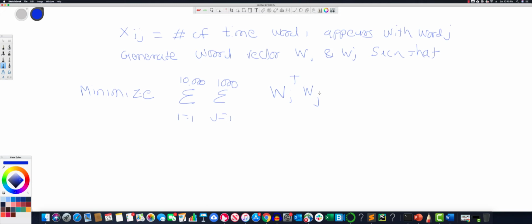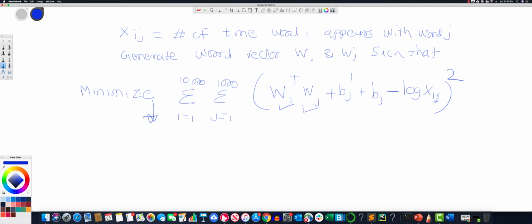So these are the two word vectors we initialize randomly, and then we recompute the weights to minimize the loss, and then there are the bias terms bi and bj, and then we use log of xij, which is the actual co-occurrence count, and then we try to minimize the squared loss. So our goal is to compute wi and wj so that this loss is minimized. Okay, so it's an iterative process. You can use algorithms like gradient descent to minimize the loss.